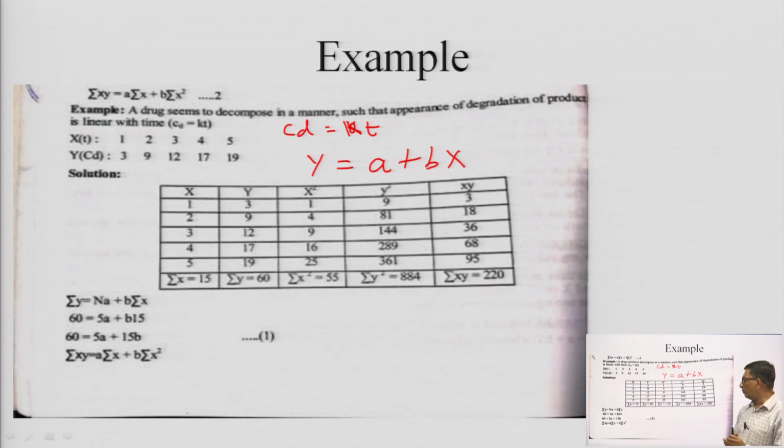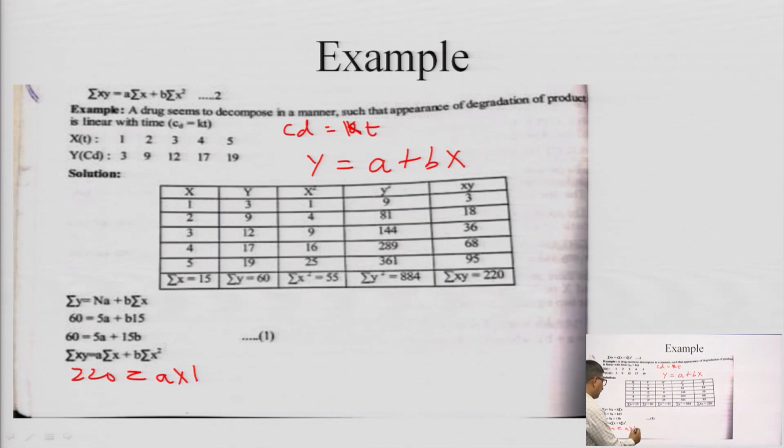Here we put the values: summation x y is equal to 220, a multiplied by summation x, that is 15, plus b summation x square, that is 55.